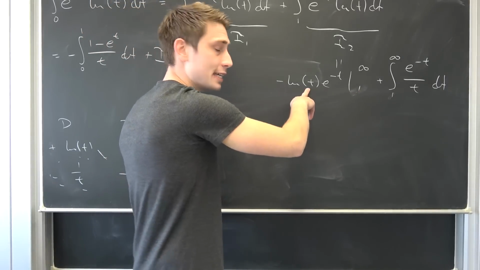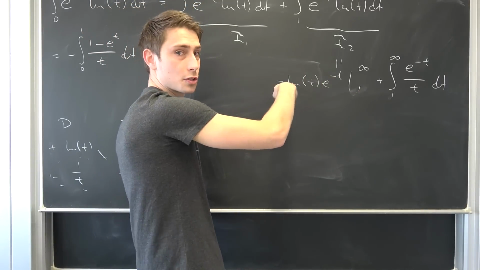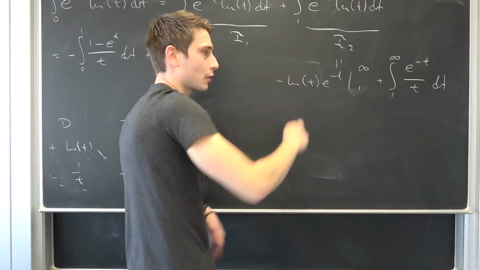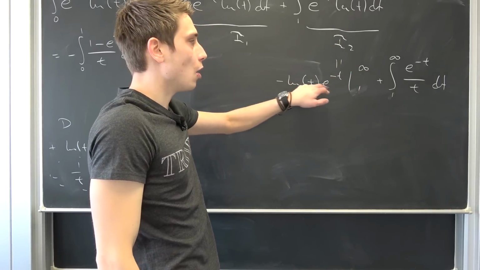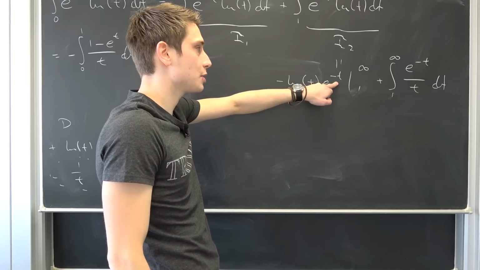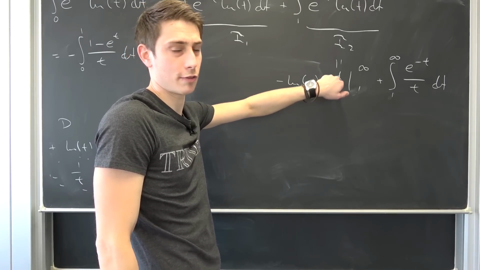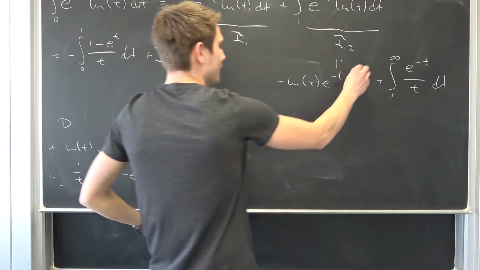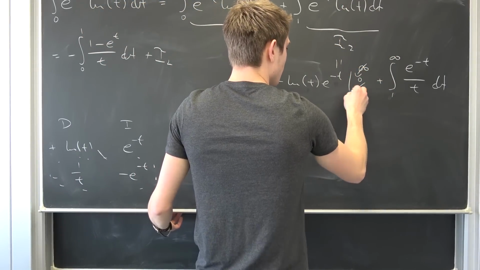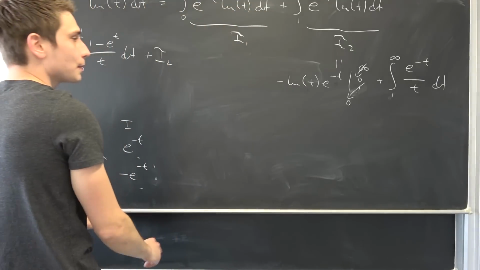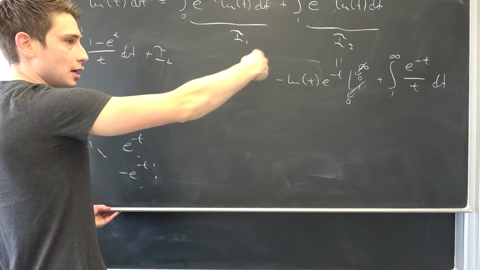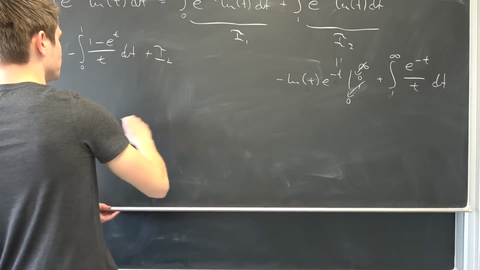If we plug 1 into here, it's going to give us 0 because natural log of 1 is 0. If we let this approach infinity, it's a negative infinity over infinity situation, but the exponential function grows way faster. So use L'Hopital once and you are done. So that's just 0 in the limit, meaning we are going to end up with plus this exponential integral.